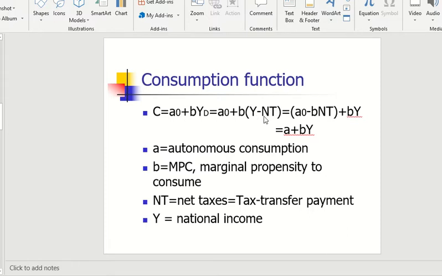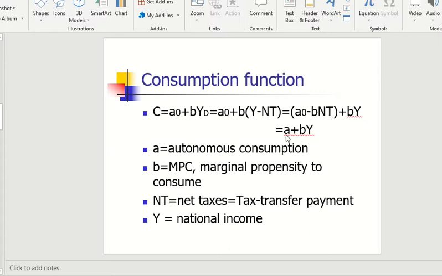So pull this term of net taxes to the left, lump them together, and then we give it a new name, little a, instead of A sub 0. So this little a here is still autonomous consumption, but this time it has included the net taxes and the transfer payment. Okay?